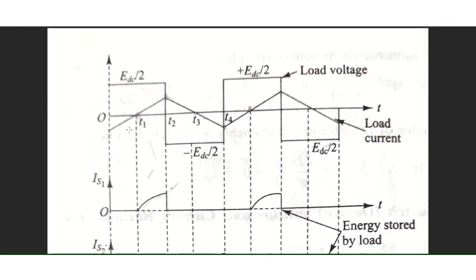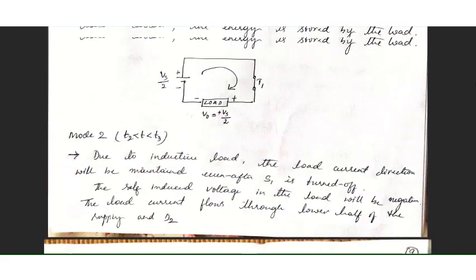We will be observing the output of the half bridge inverter with RL load for different durations of time between 0, T1, T2, T3 and T4. Based on this, the operation of the bridge can be divided into four distinct modes.